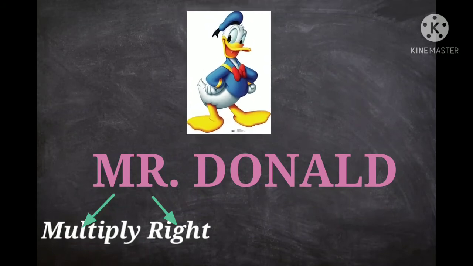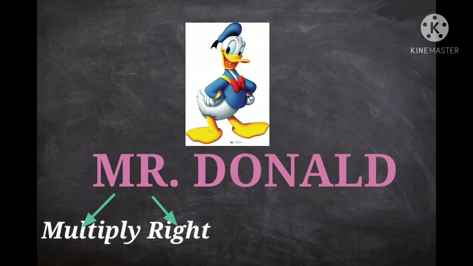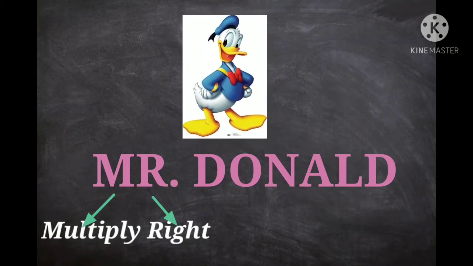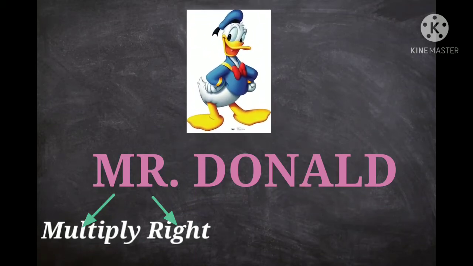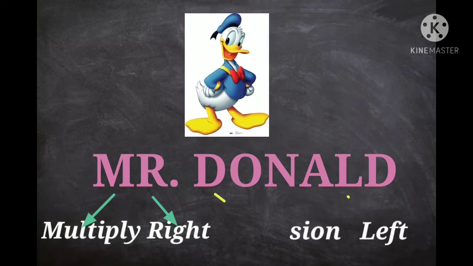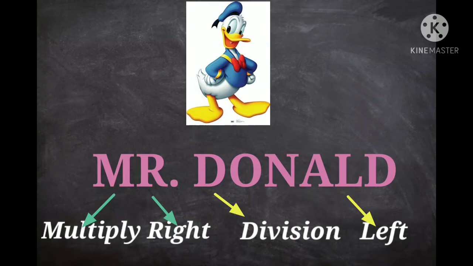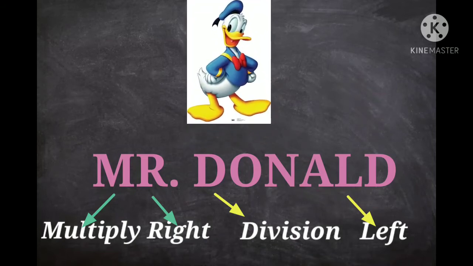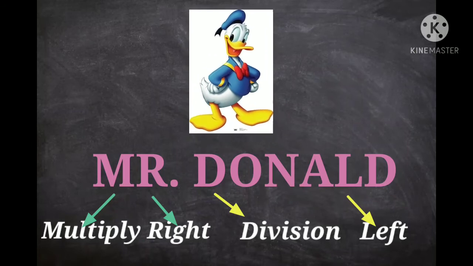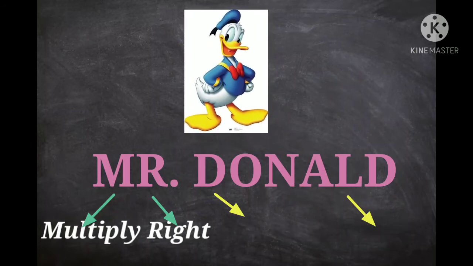If we multiply a decimal number by 10, 100 or 1000, we have to move the decimal point to the right side. In Donald, D stands for divide, L stands for left. If we divide a decimal by 10, 100 or 1000, move the decimal point to the left side.